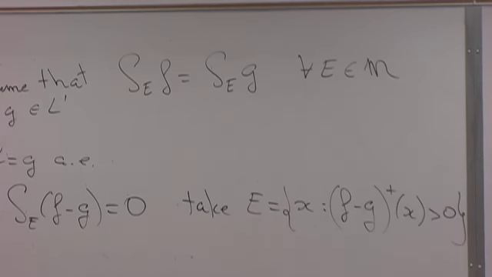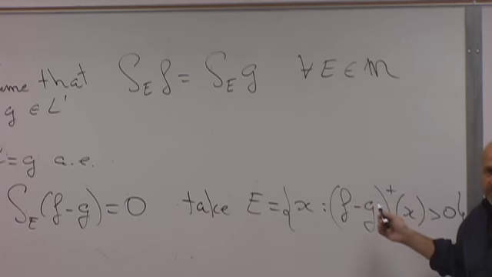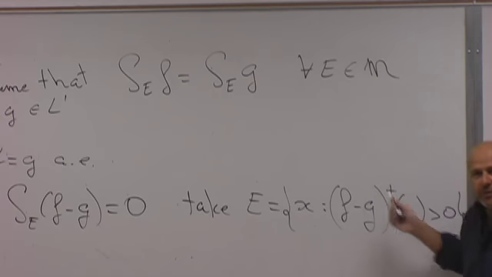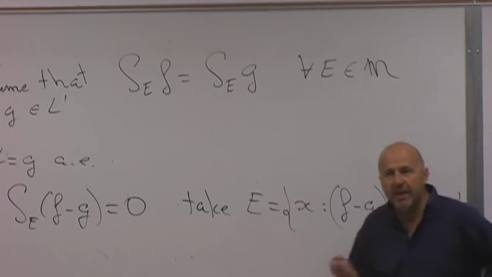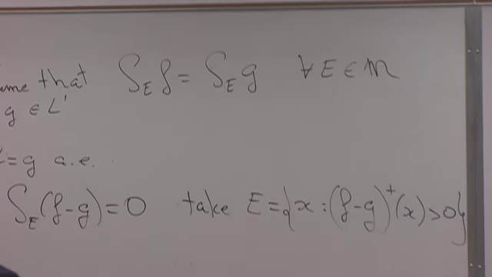Why is this a measurable set? Yes, but the function you have is not quite the function you know. It's a little different. What you're doing is the difference of two measurable functions, which is measurable, but then you have this plus. How can you explain that the plus thing is not breaking your measurability?